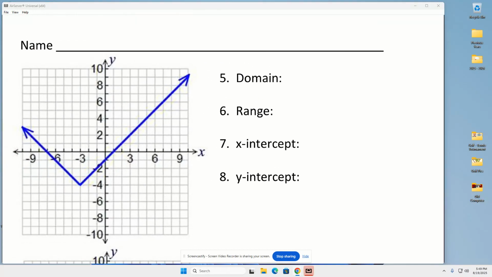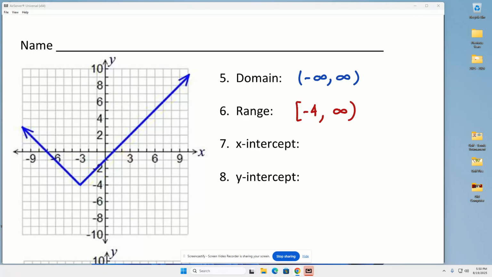Very similar. Domain. Well, it never stops going left, never stops going right, so -infinity to +infinity. Range is a little different this time than the last because this time it never goes past this y value. Now, it goes up forever, doesn't it? So my range, the bottom part of it is -4. But it goes up towards +infinity forever.